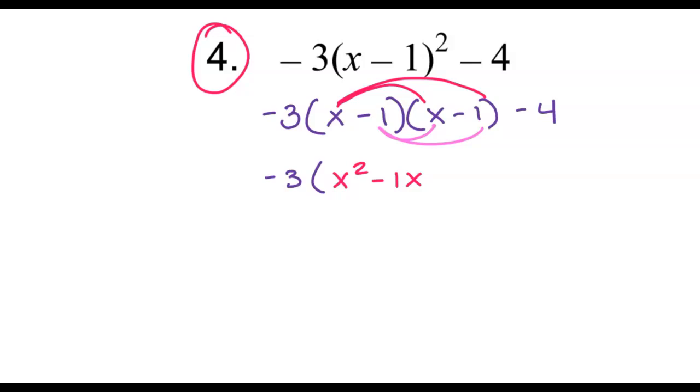So negative 1 times x gives me negative 1x, and negative 1 times negative 1 gives me a positive 1. Then I need to combine the like terms that I got from double distributing. So the only like terms I have are the negative 1x and the negative 1x. And negative 1x minus 1x becomes negative 2x.